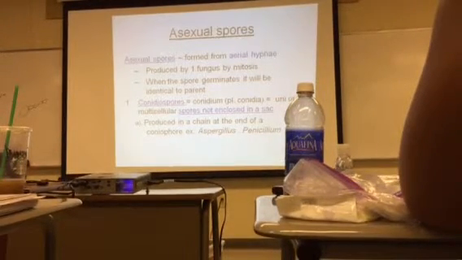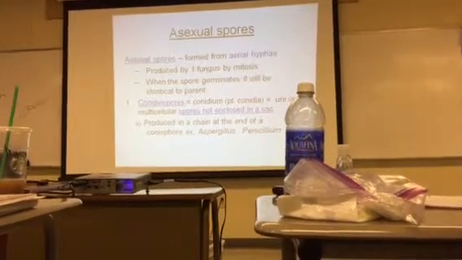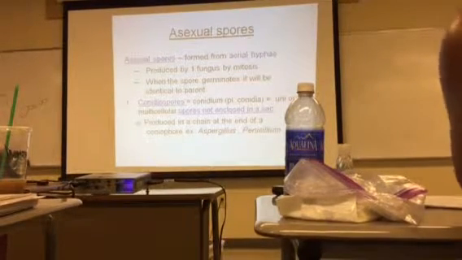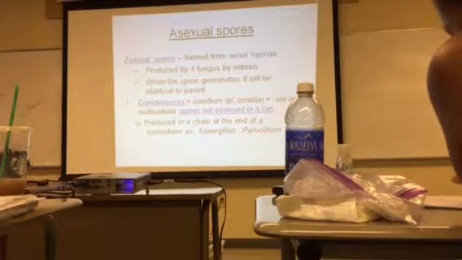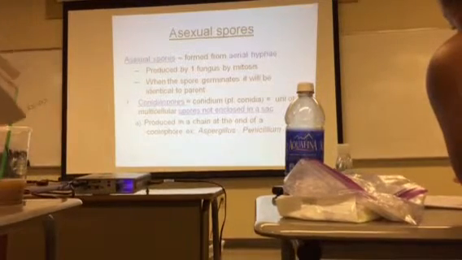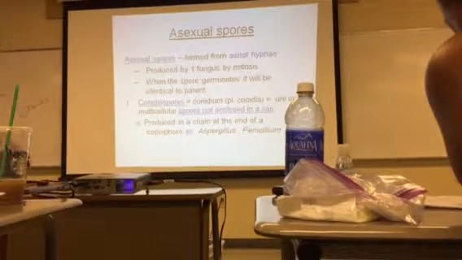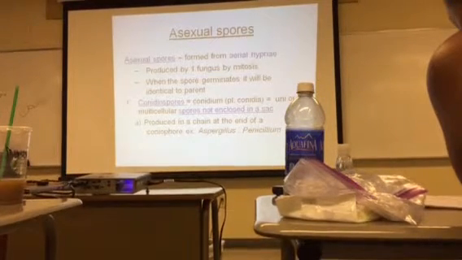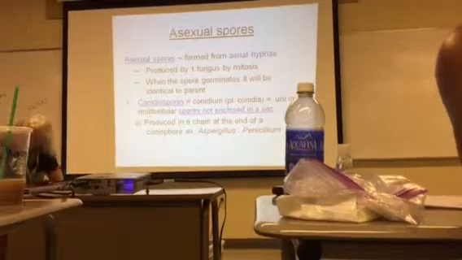And a type of asexual spores are conidiospores. You can have uni or multiple spores, and they are not enclosed in a sac. So I drew one of them for you there. And they are produced in a chain at the end of the conidiophore.